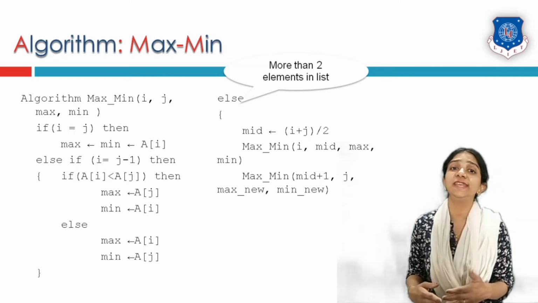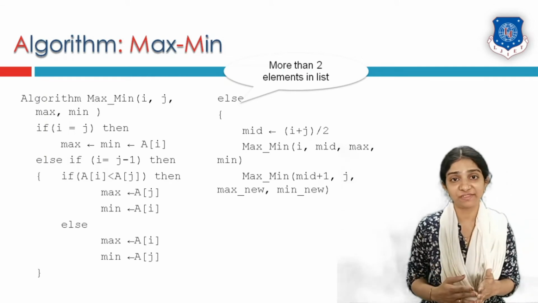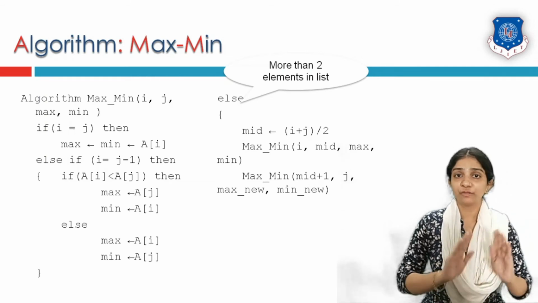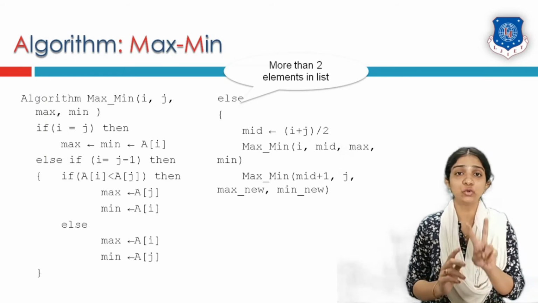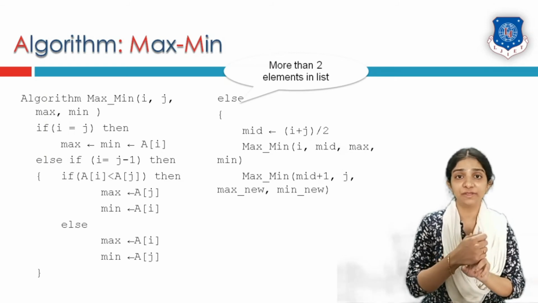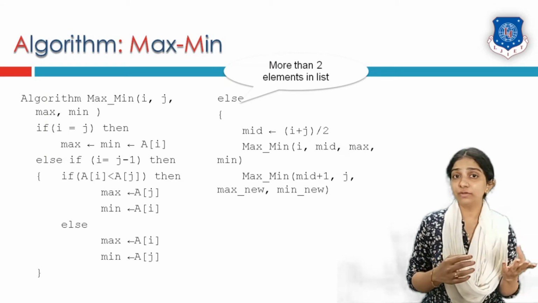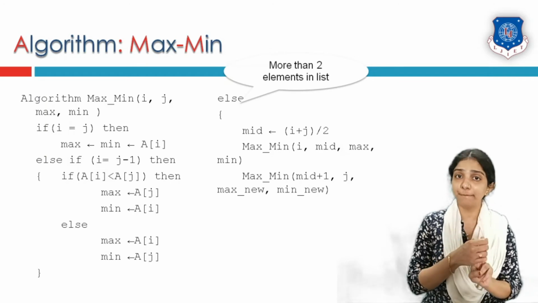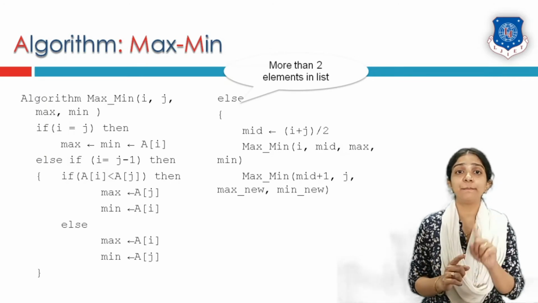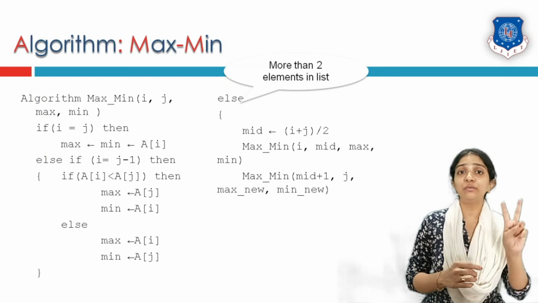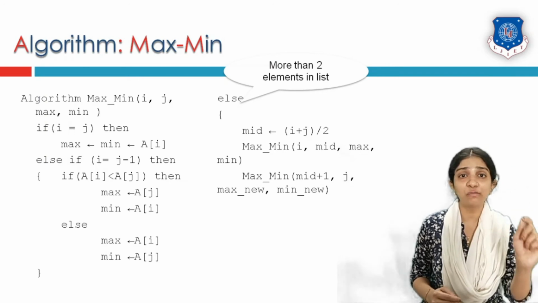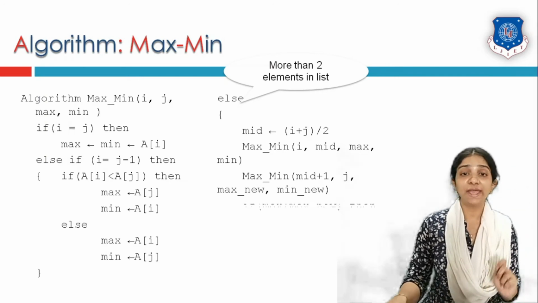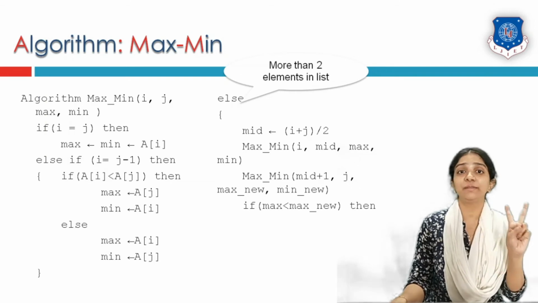Now here we are assigning two variables, max and max new, min and min new. So on the recursive call completion, now we have two variables, one is max, another is max new. And we have another two variables, that is min and min new. We need to compare max and max new to find out which is the maximum out of these two. Whatever the maximum out of these two must be the max of the original problem. So next step we will compare max with max new.